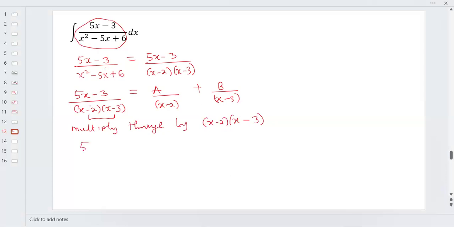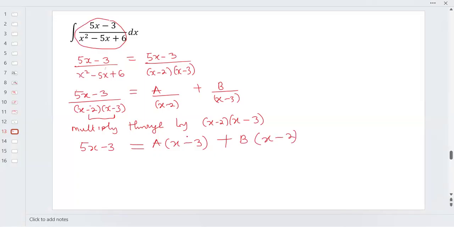I'm going to be left with 5x minus 3 equals A times x minus 3, after cancelling the x minus 2, plus B times x minus 2, after cancelling the x minus 3. The main issue now is that we need to solve for A and B.